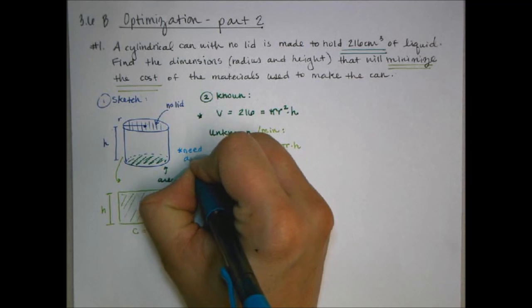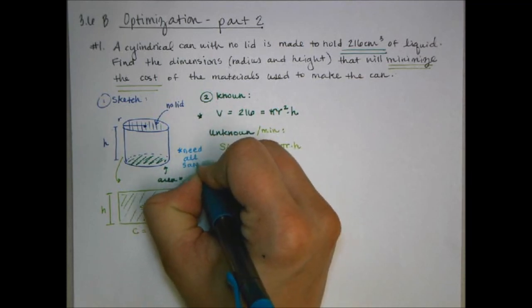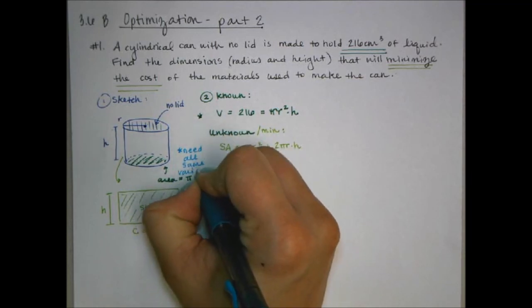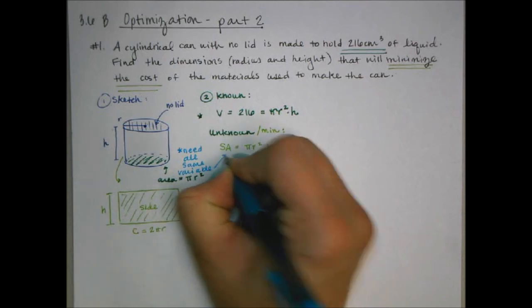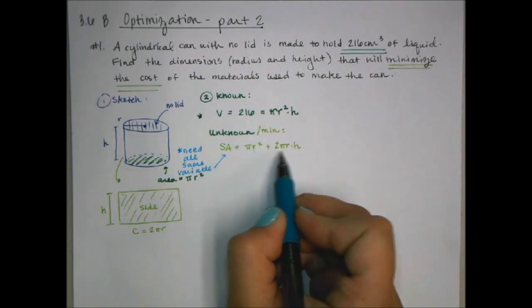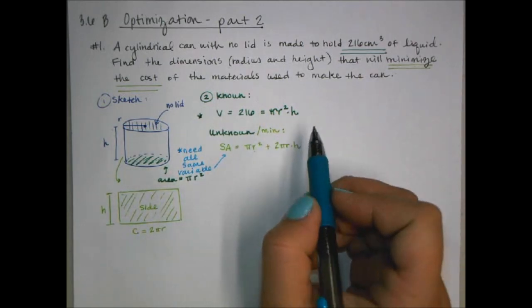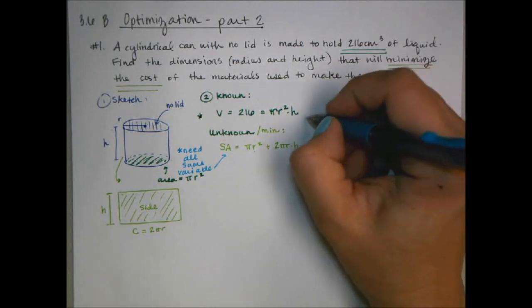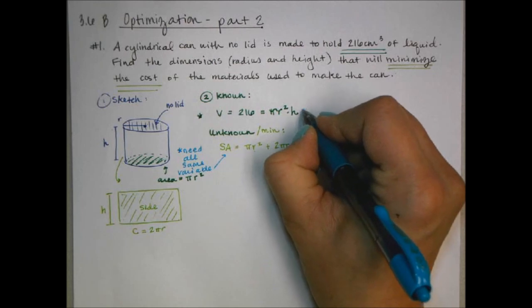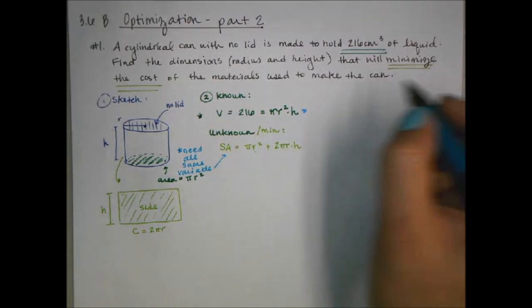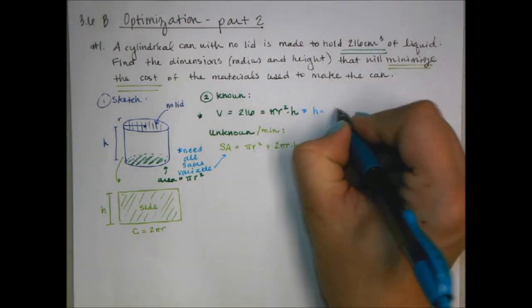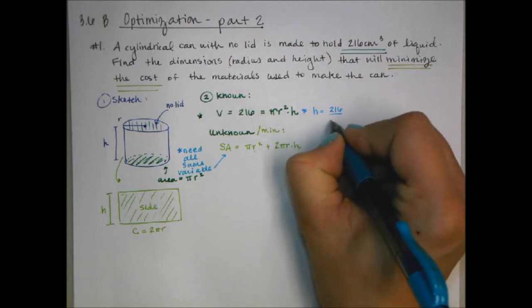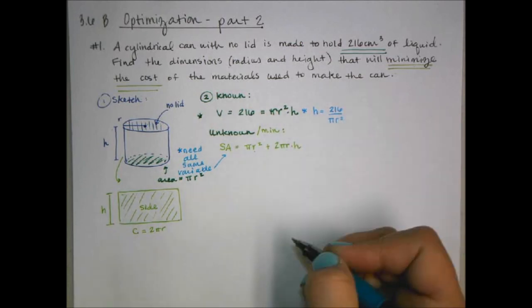So that means we either need to have all r's or all h's. So easier just to replace h. So we're going to go back up here and use this formula. We're going to solve for h. So h is 216 divided by pi r squared, and we'll substitute that in here.